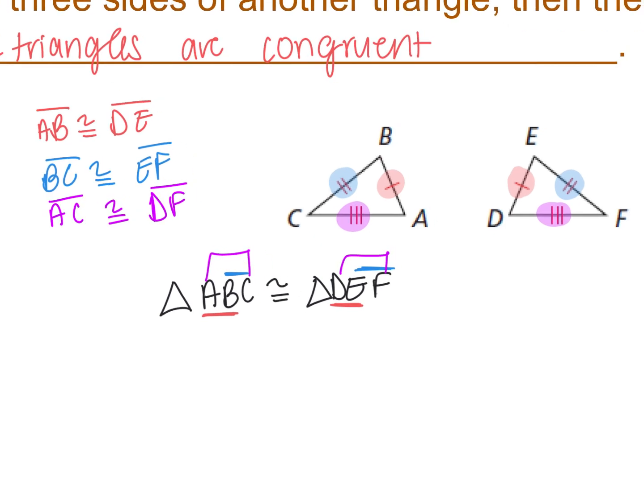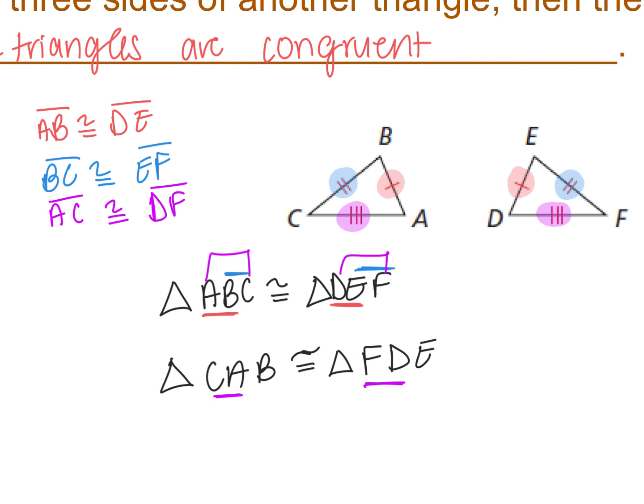Okay, I could also change this to, let's say I wanted to name it CAB is congruent to what? FDE. Okay, again, matching what I'm matching. CA is congruent to FD.